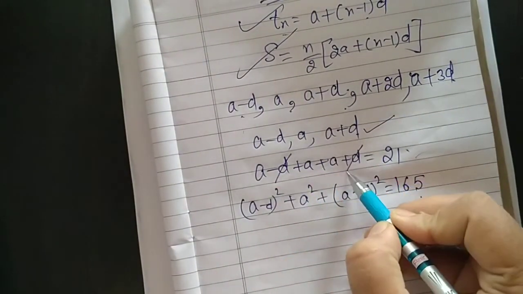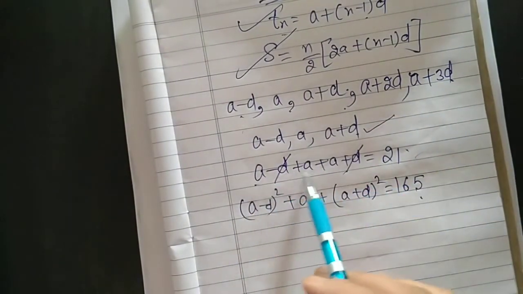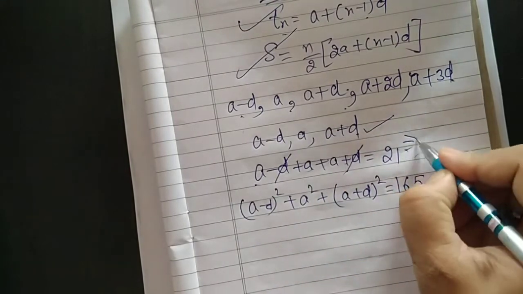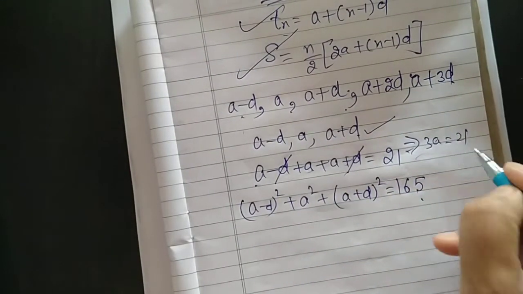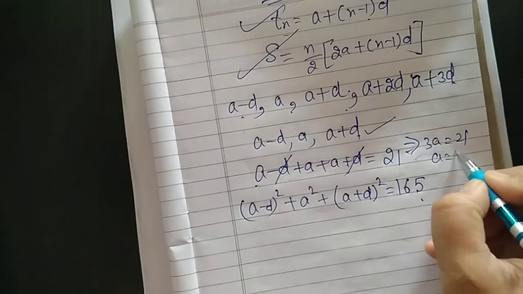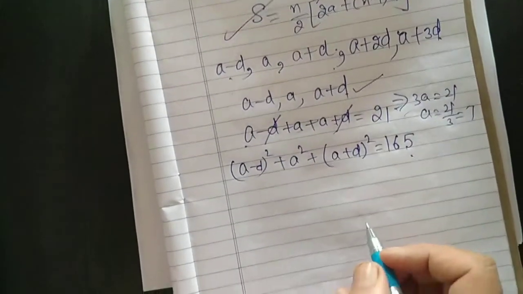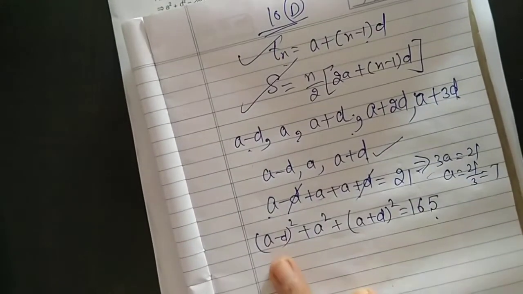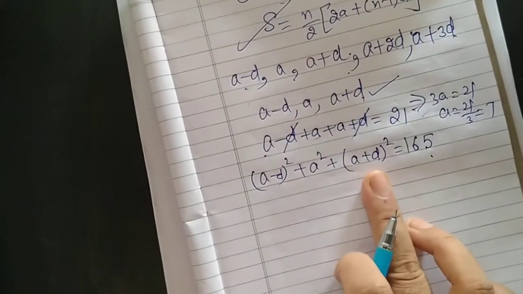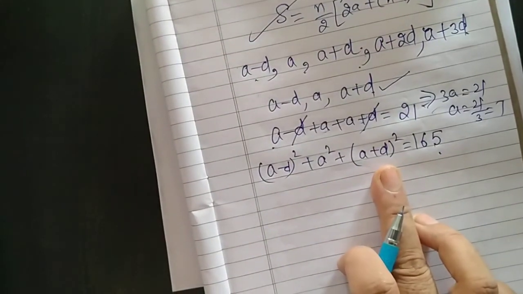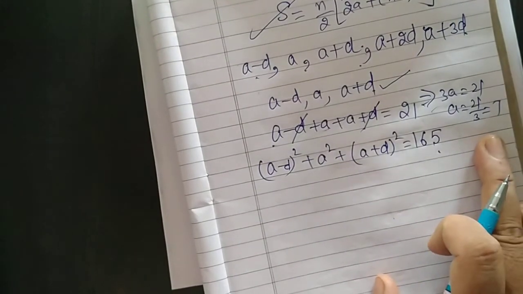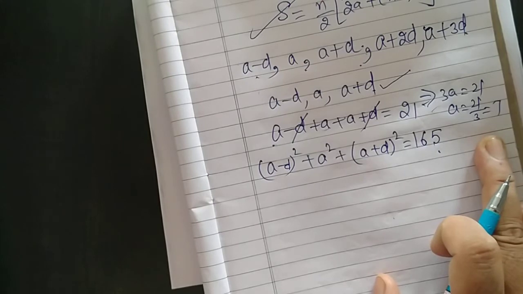So here d is cancelled. 3 a's are there, so 3a is equal to 21. Then a is equal to 21 upon 3, which is 7. Either you can apply the (a plus b) whole square formula directly here, or you can put the value of 7 and then apply the formula.